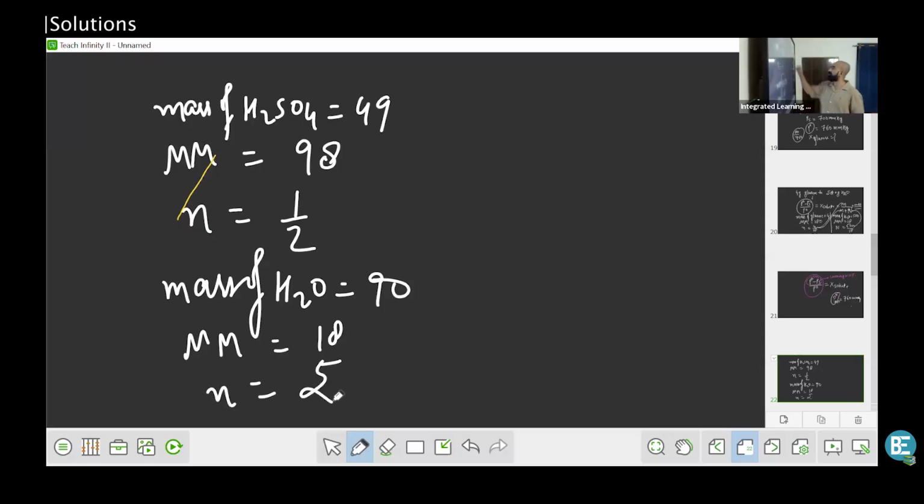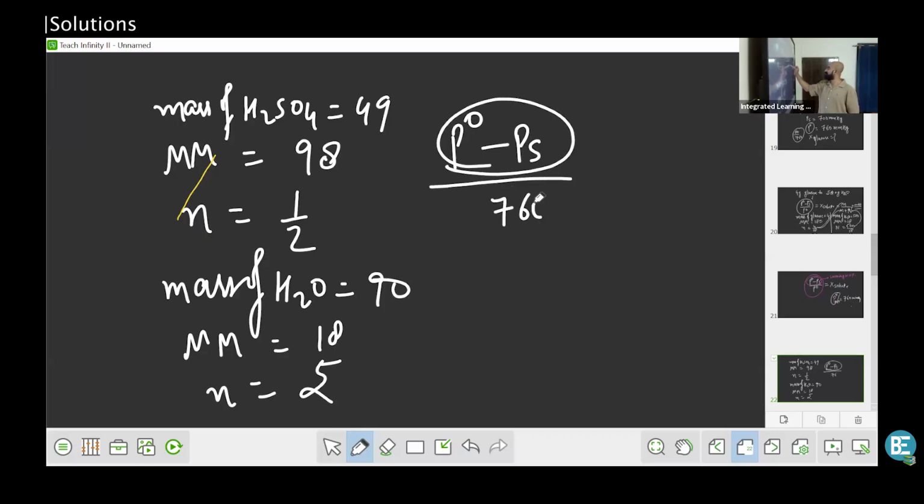So P naught minus PS, this you have to calculate, divided by P naught, that is 760, equals half over 5. This is the equation that you will get. How many of you got this?